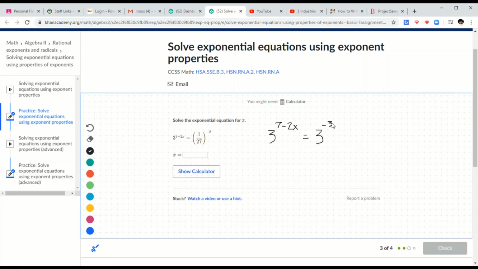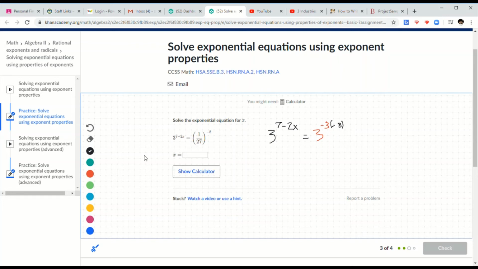I know that 3 to the third is going to give me 27. So 3 to the negative third is going to give me 1 over 27. And I didn't change the color, gosh. Let's go here. Okay, and then a negative 8.